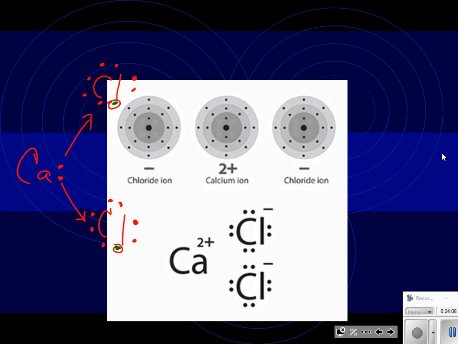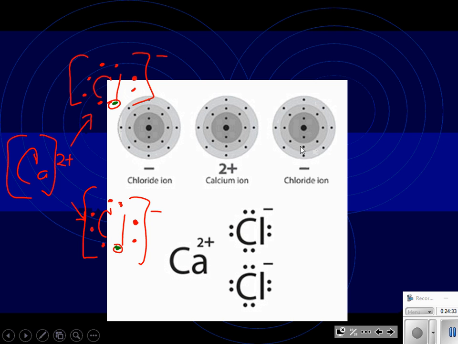Now, what's his charge going to be? Plus 2. Because he's gotten rid of 2 electrons, and each of these chlorines will be minus 1. What is the net charge, though? What is the net charge if I put my calciums and my chlorines together? 0, right?